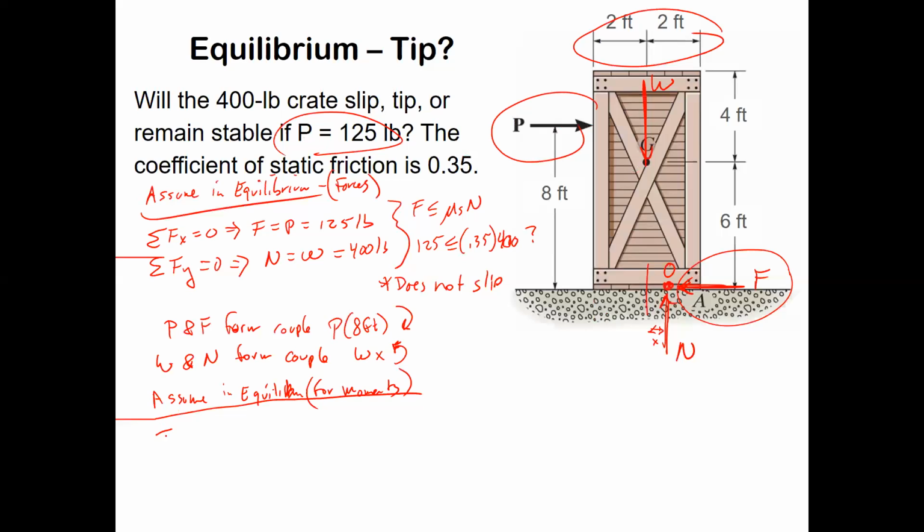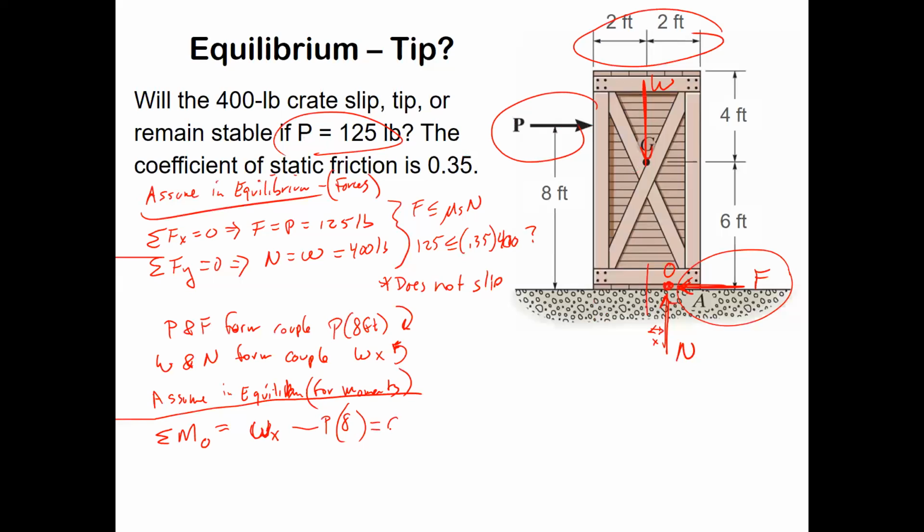So we can take the sum of the moments about O, the point where the normal force has slid. That's W times X, counterclockwise, minus P times 8, clockwise.